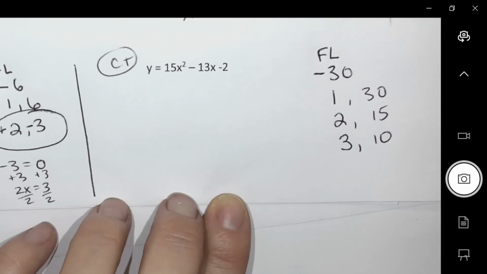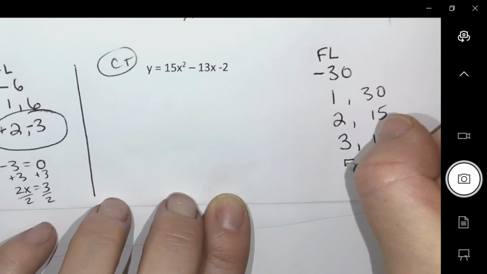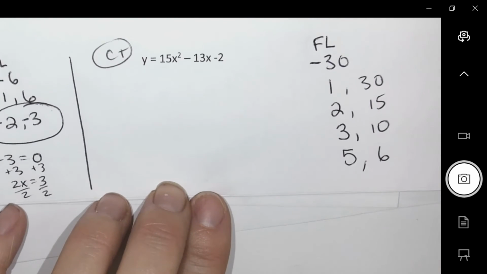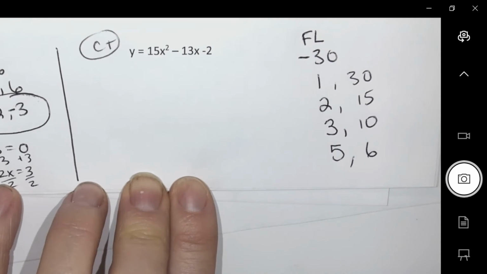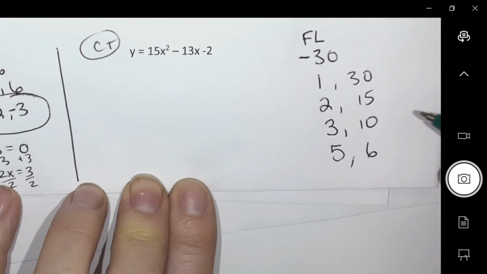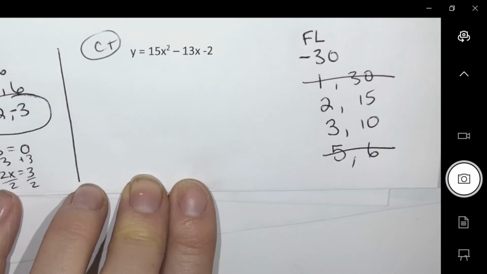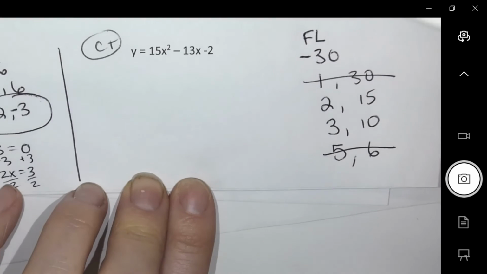There's one more set. What else multiplies to 30? 5 times 6. Okay. Do any of those make 13? Well, both of those could make a 13. Okay, but it's all about the signs.